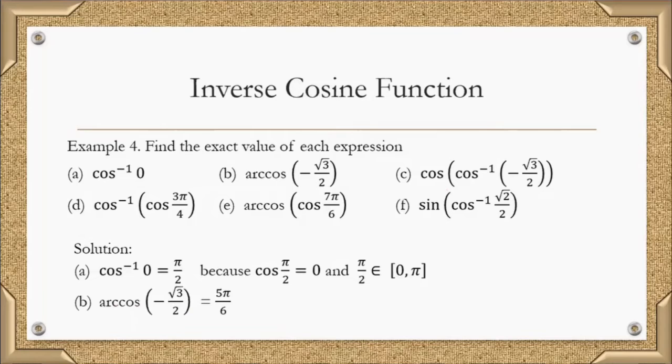Letter B. Arc cosine of negative square root of 3 over 2. And that is equal to 5 pi over 6. So, pwede natin siyang i-convert.